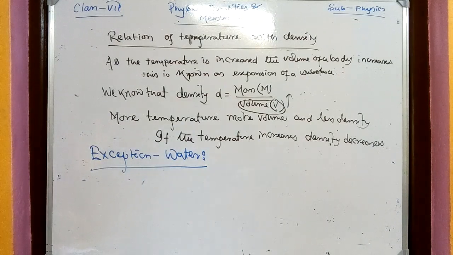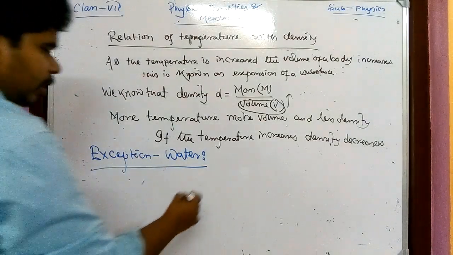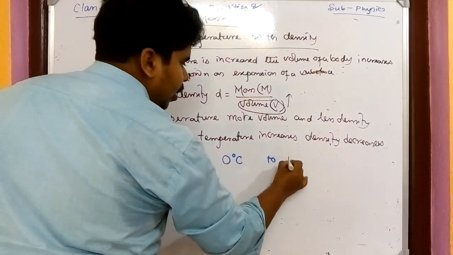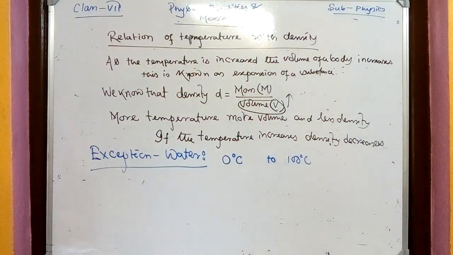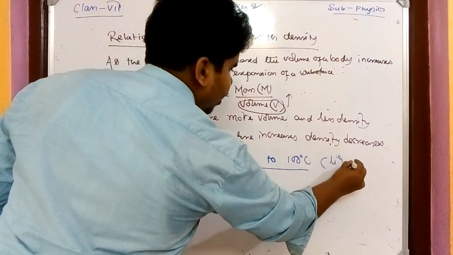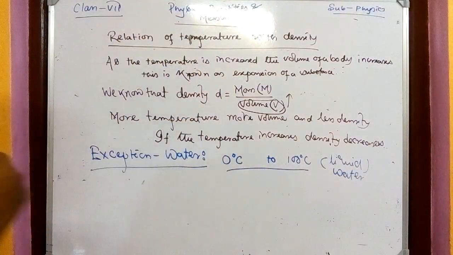But for water, there is a problem. Water is water from 0 degree centigrade to 100 degree centigrade. At 0 degree centigrade, ice is converted into water, and at 100 degree centigrade, water is converted into steam. From 0 to 100, this range, it is in liquid state, that is water.